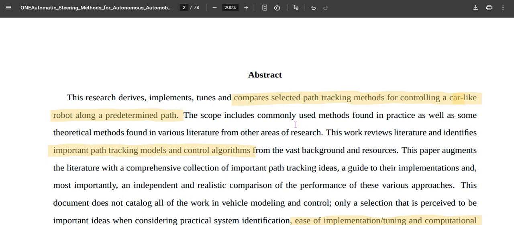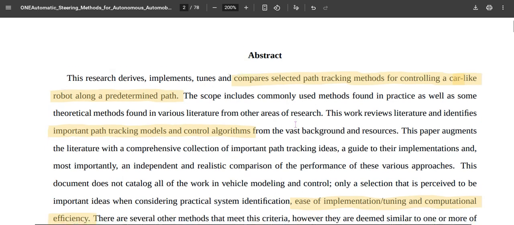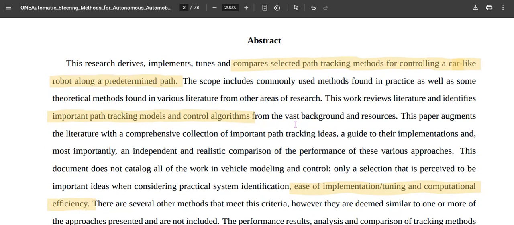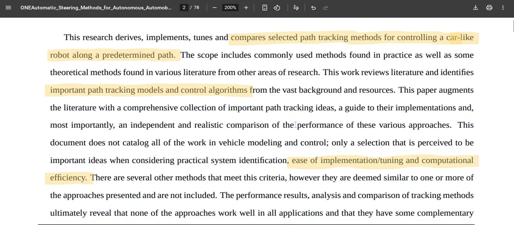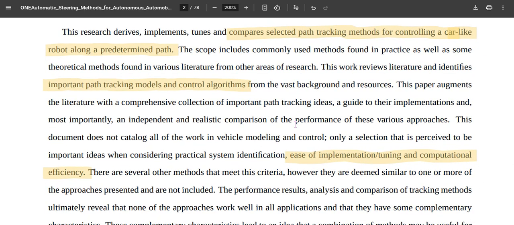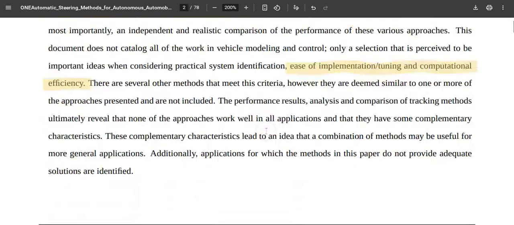There are different kinds of path tracking models, but this thesis selectively takes models which are very important for path tracking, easy to implement and tune, and have high computational efficiency.